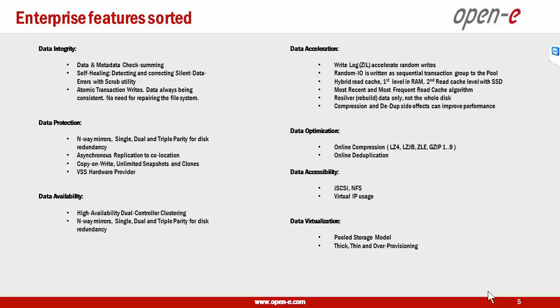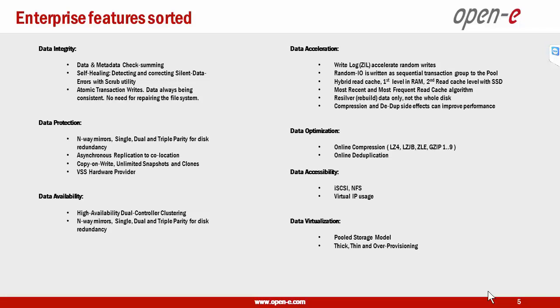Data availability, of course, here is a high availability cluster. This is a dual controller model, meaning there are 2 controllers and shared storage. This is really a high availability solution, because you can work with a single node, or you can even start your storage with a single node running everything via virtual IP, and later on you can add a second node while in production.